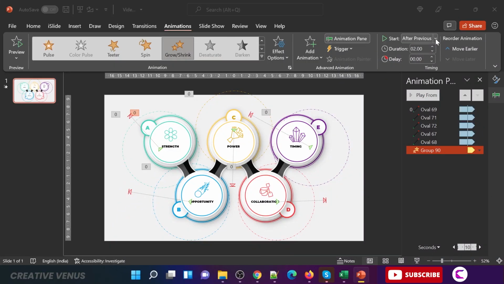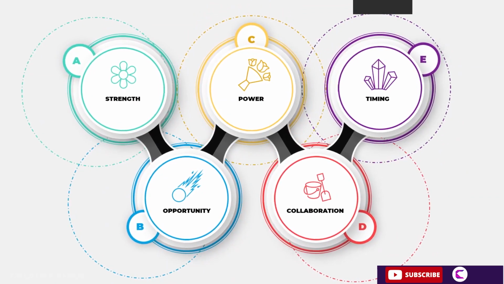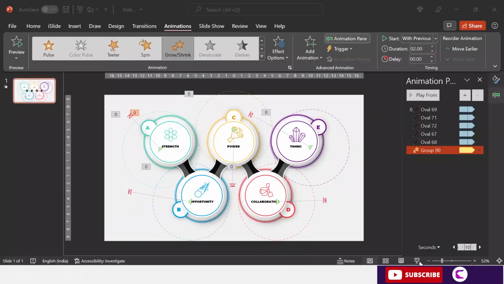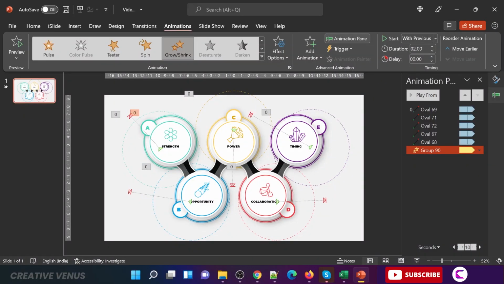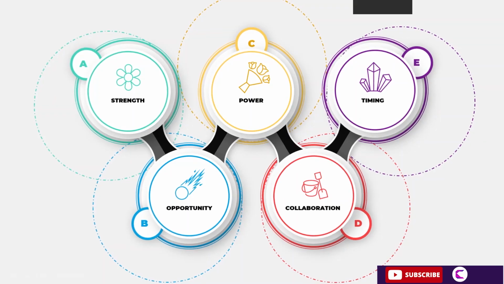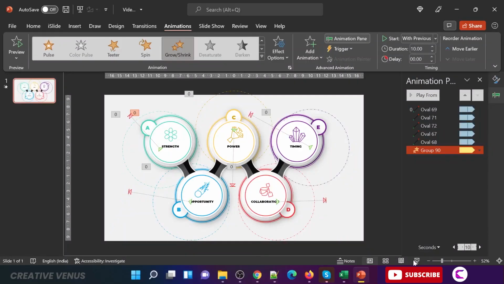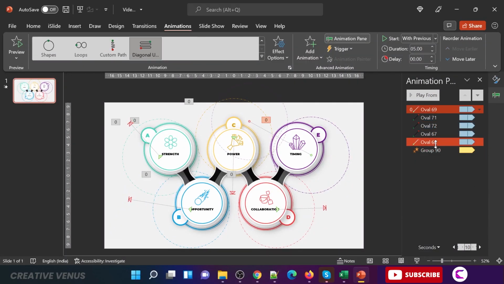So let's change it to start with previous. So now you can see that, and it's totally up to you. You can change the duration for any of the animation you want. You can make it fast, slow, so it's totally up to you. Change the duration for the circles at the back because those are moving too fast.